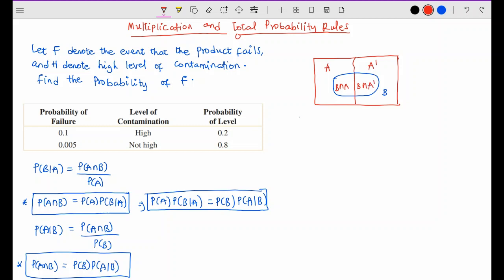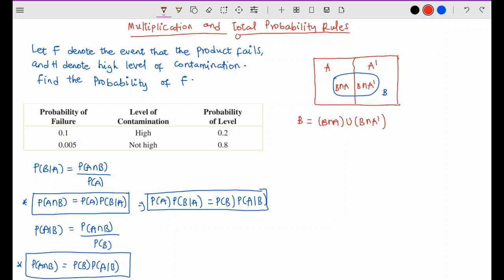So B will be equal to B intersection A union B intersection A prime. If you find B intersection A and B intersection A prime, then we are going to get the event B. That's what this means.